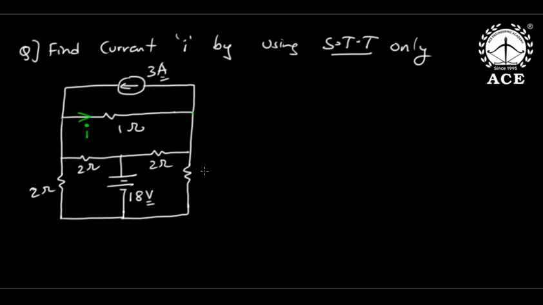Let me correct, sir. Here the values are, yes, this will be 3 ohms and this will be 6 ohms. 3 ohms and 6 ohms. So find that current I by using source transformation technique only.